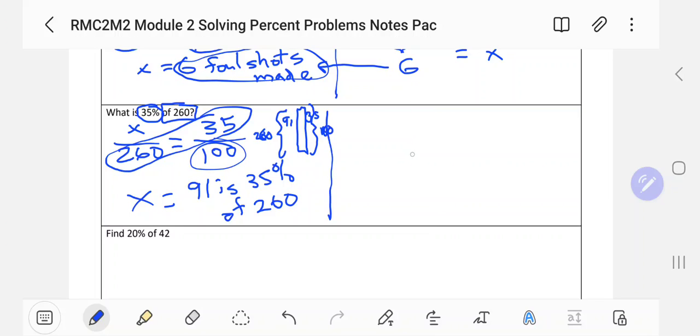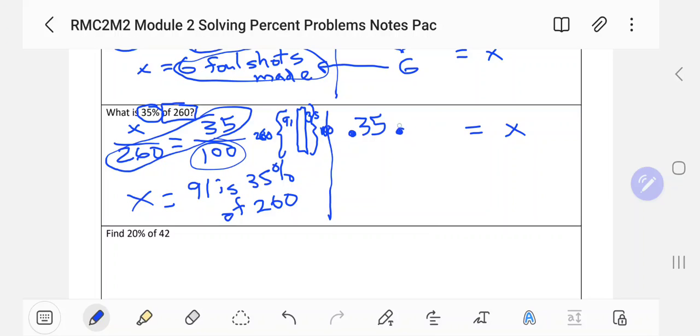All right, well, some of you would rather just jump right to the equation, right? So you're doing the percent times the whole equals the part. So we're missing that part. We already know the clues: 0.35 is your percent, because you move the decimal over to change the percent to a decimal.